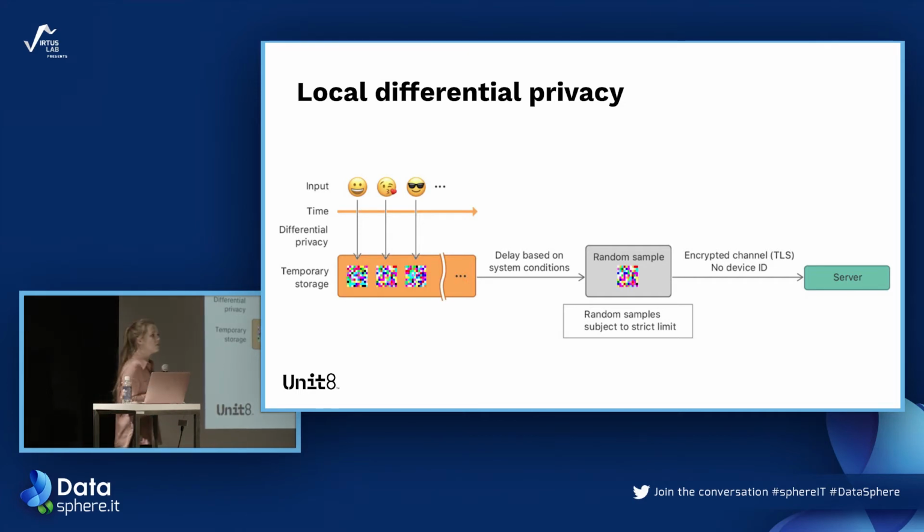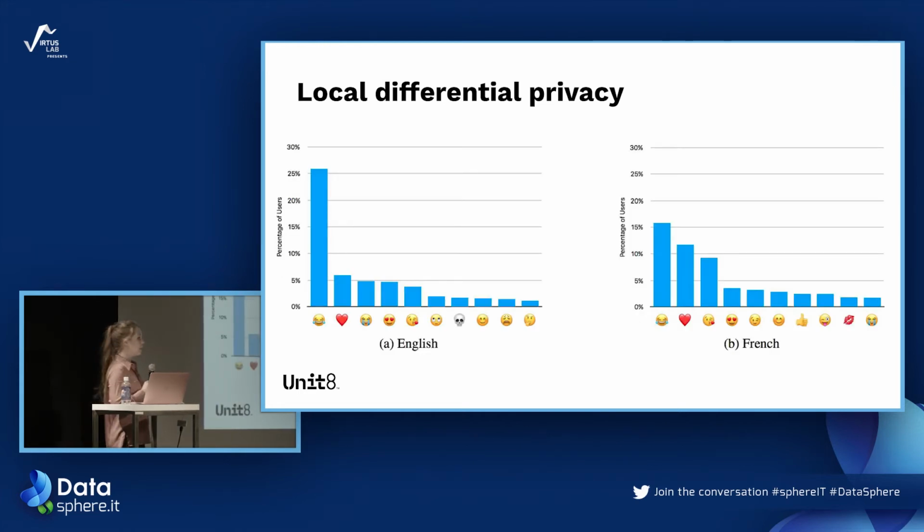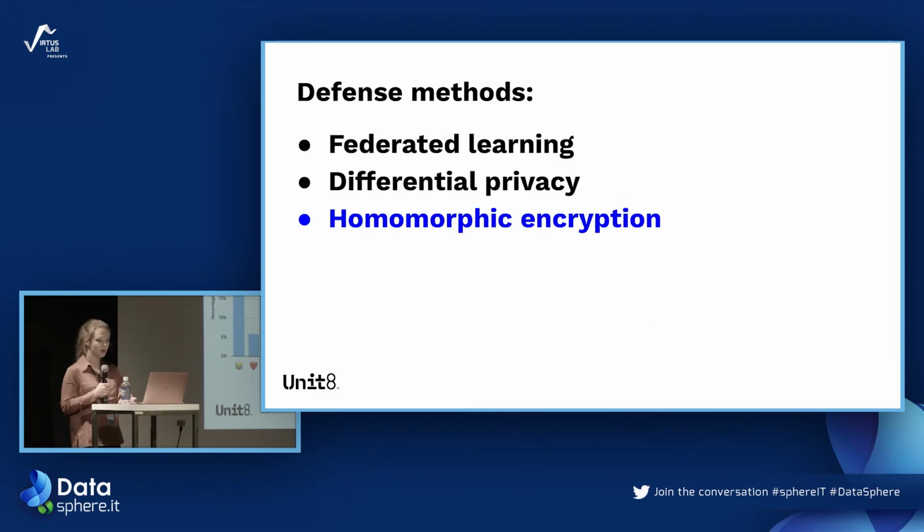So a specific user's patterns of keystrokes are only approximately accurate when the backend receives them. Even with such threefold protection, Apple engineers are still able to improve their predictive quick access emoji set across different locales.